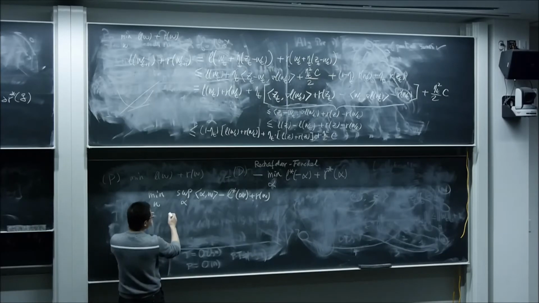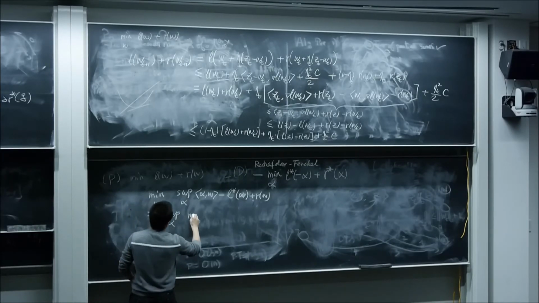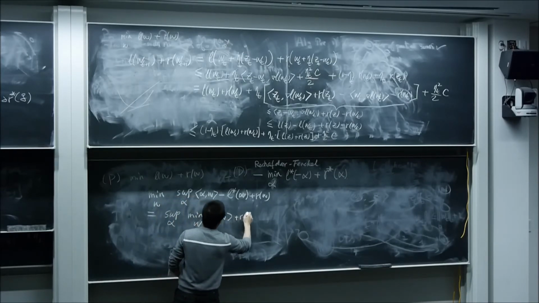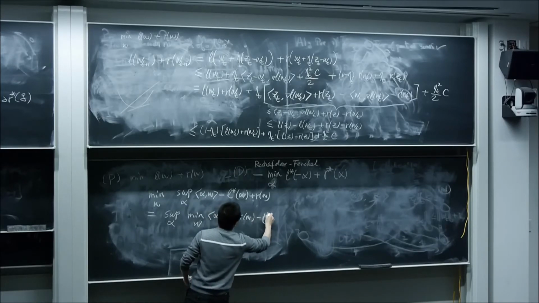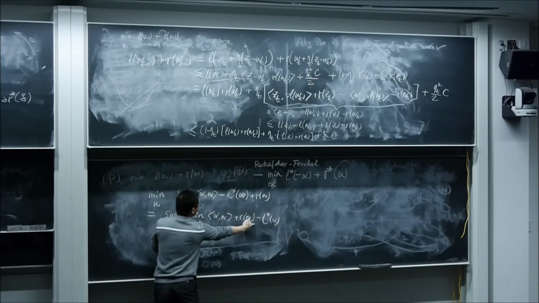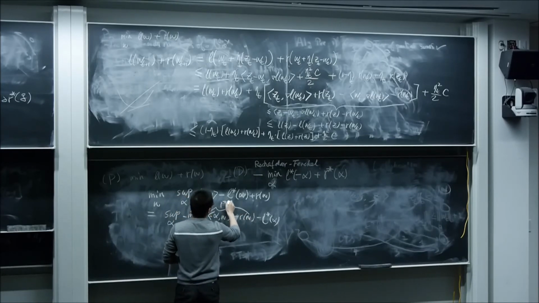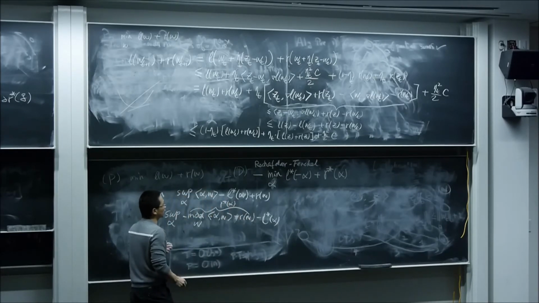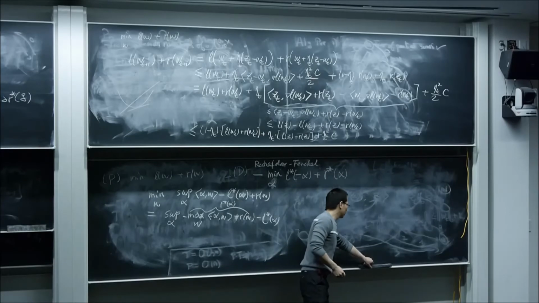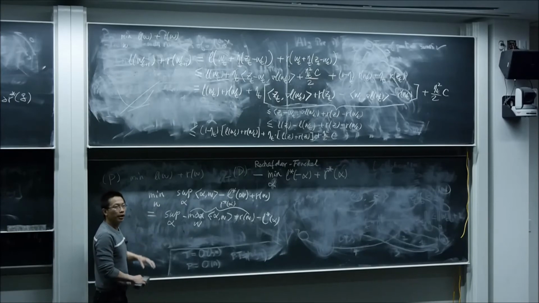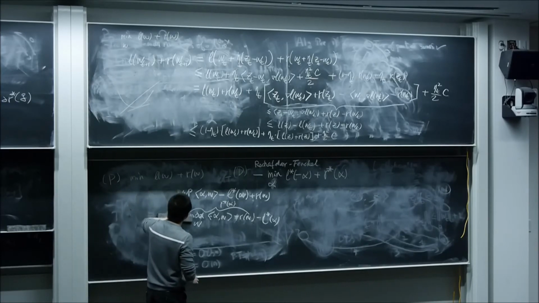If you just swap, assuming it's equivalent, min over W, and then you get alpha W plus R of W plus L star of alpha. And if you change the sign, this will become max, and this will be R star of alpha. And then you move the minus sign out, you get the minimizer. So that's a quick way to derive the Rockafellar dual. But of course, everything hinges on the ability to actually swap the min and the max, which I'm not going to justify here. Okay.